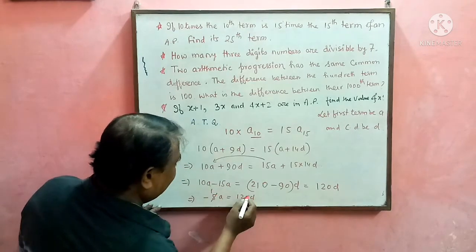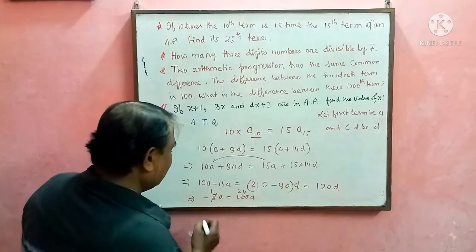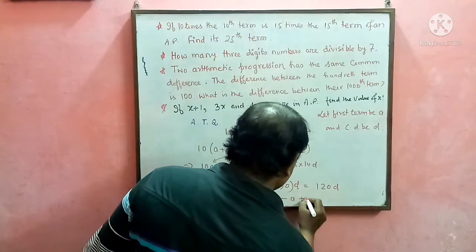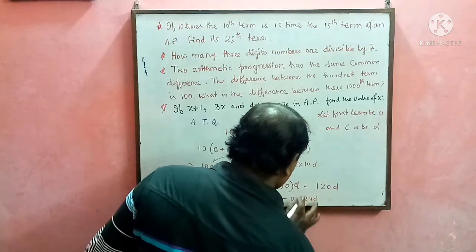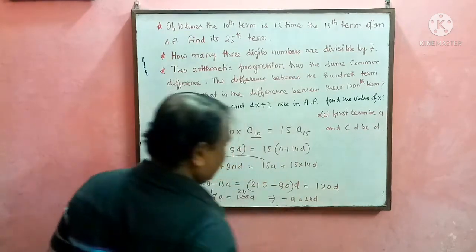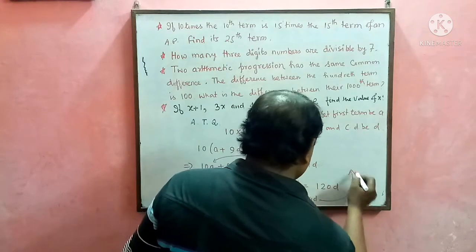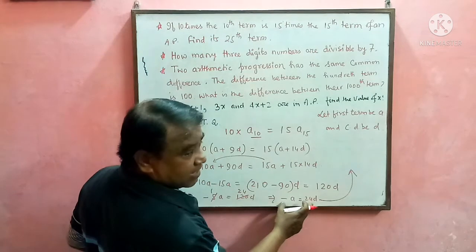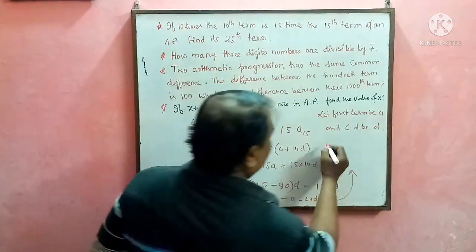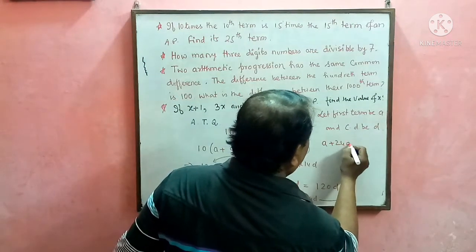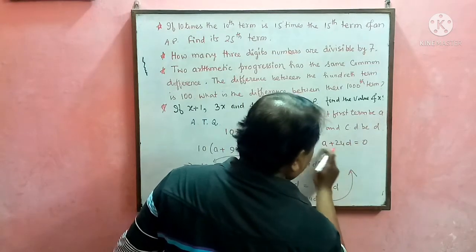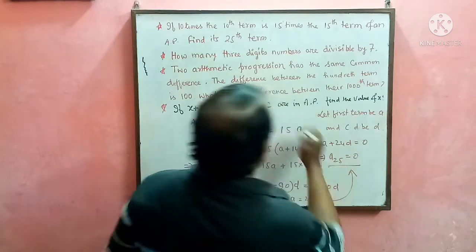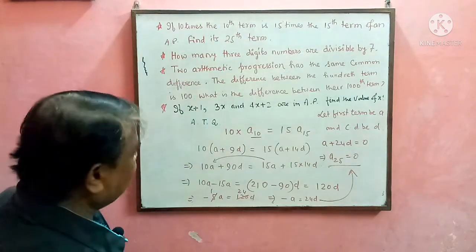Cut it by 5: 1, and 5 times 24 is 120. So minus A plus 24D is equal to 0. Now if we take it to this side, you will get A plus 24D is equal to 0. It implies A plus 24D means a₂₅ is 0. So therefore, our result is that the 25th term is 0.